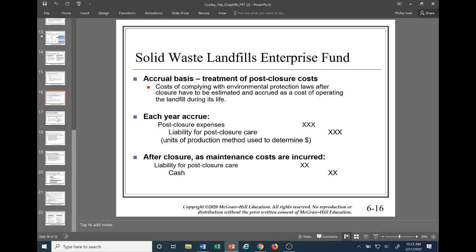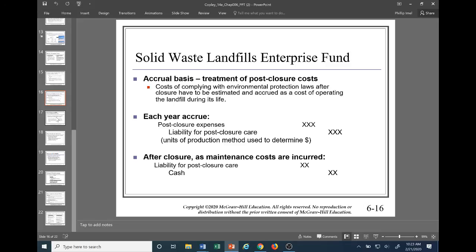The formula for that is going to be your cost, which could have a salvage value, right? So we're trying to find the basis, which is the cost. That's your numerator. Your denominator is going to be the total number of expected units to produce. And then you multiply that by the number of units consumed within that period.